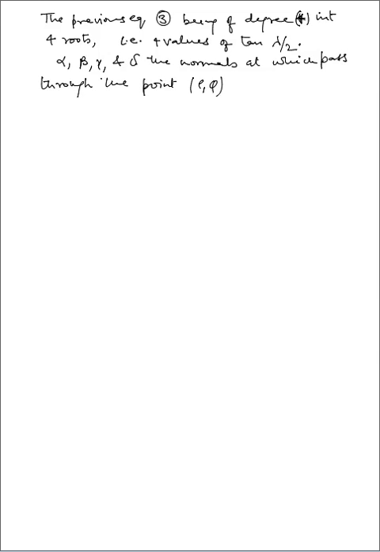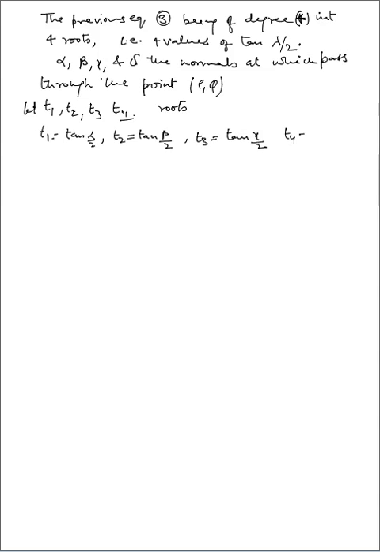So let the values be T1, T2, T3, T4. These are the roots. So we will have T1 is tan alpha by 2, T2 is tan beta by 2, T3 is tan gamma by 2 and T4 is tan delta by 2.